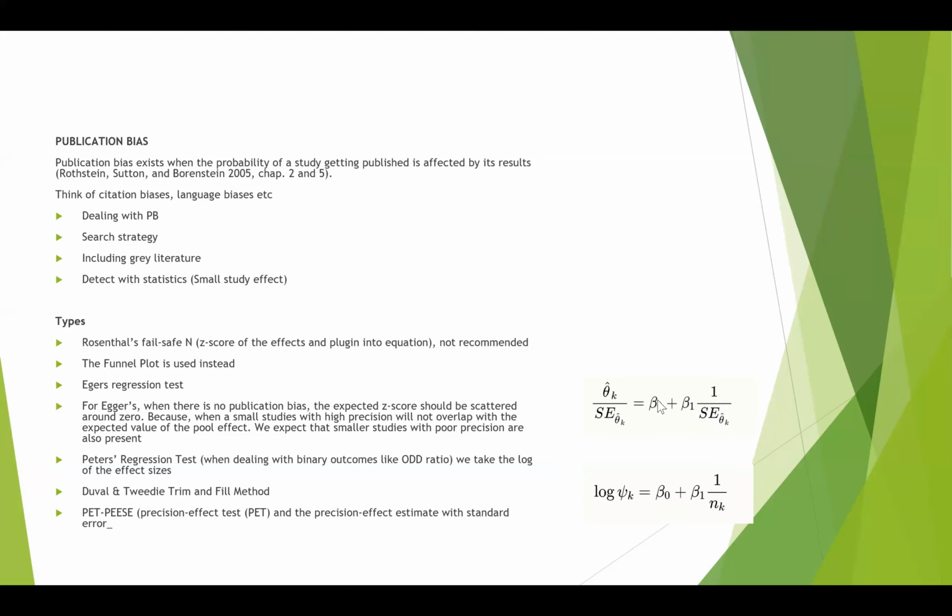If you hold the beta 1 constant, and then the beta naught, what do we expect to find in our Y if we didn't have precision at all in our studies? If the beta 1 was 0, meaning we didn't have any accuracy at all in our studies, what do we expect our z-scores to be like? Do we expect it to be close to 1.96 or less than 1.96?